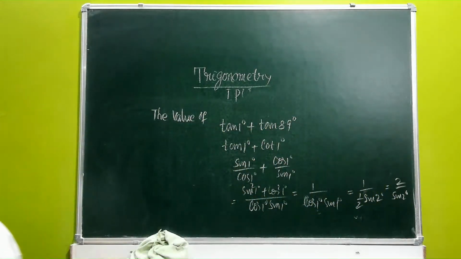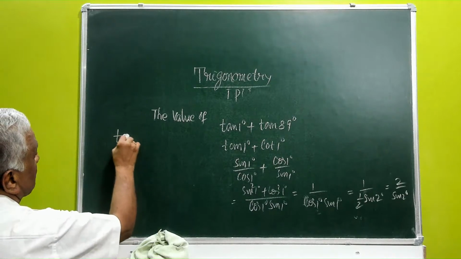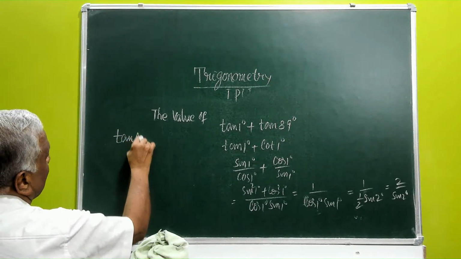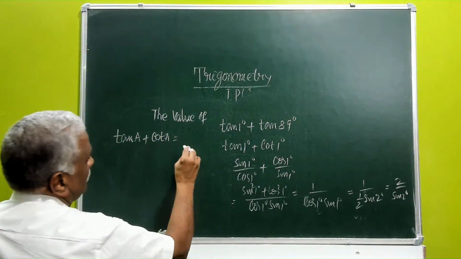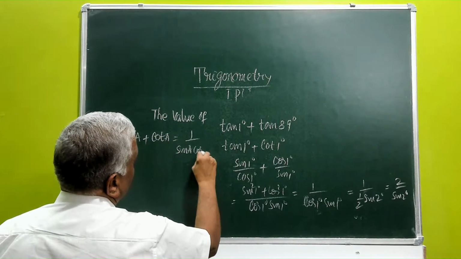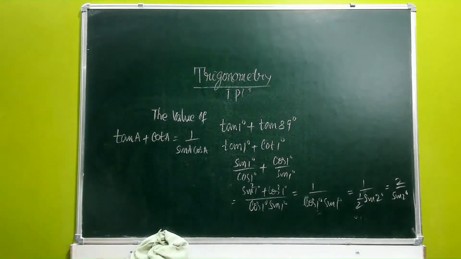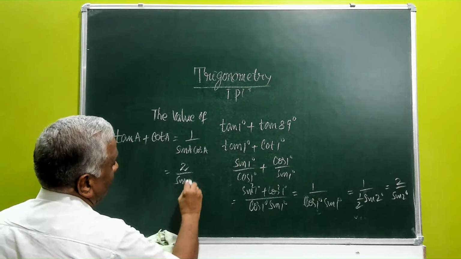This is the actual method. But what I would suggest is, please remember this: tan A plus cot A is equal to 1 over sin A cos A, or 2 over sin 2A.